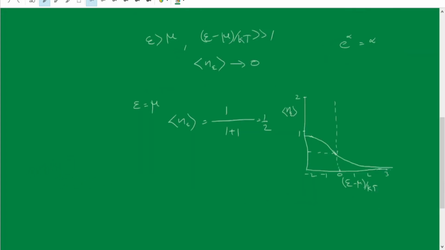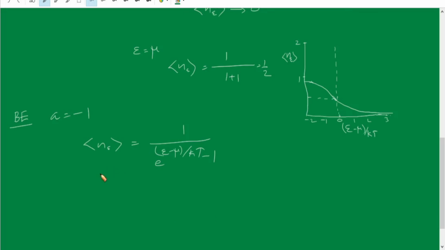Next is the Bose-Einstein case. Here a is equal to minus 1. Therefore, the average number of particles in each level, or average number of particles in a single state, is given by 1 divided by e raised to E minus mu divided by kT minus 1.